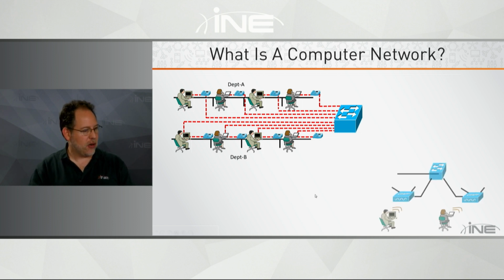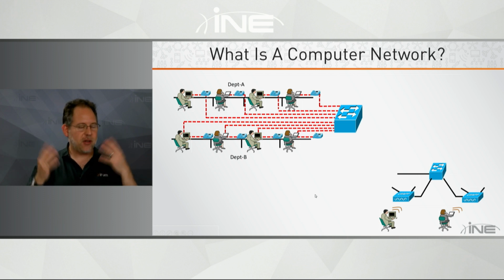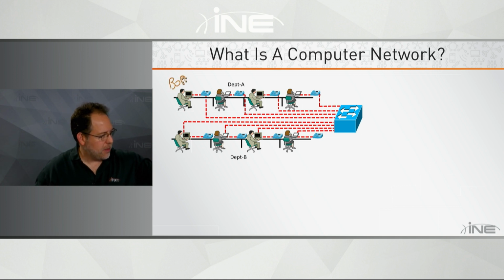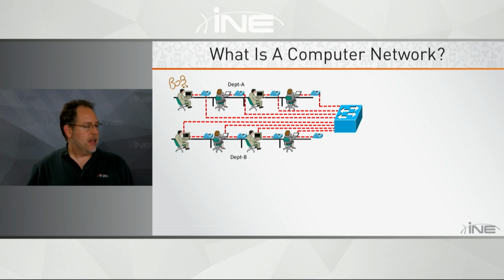Then some people said, well, here's the problem with this existing network. If Bob over here, who works in Department A, needs to take his computer and walk over to Department B, and he wants to connect to this network.